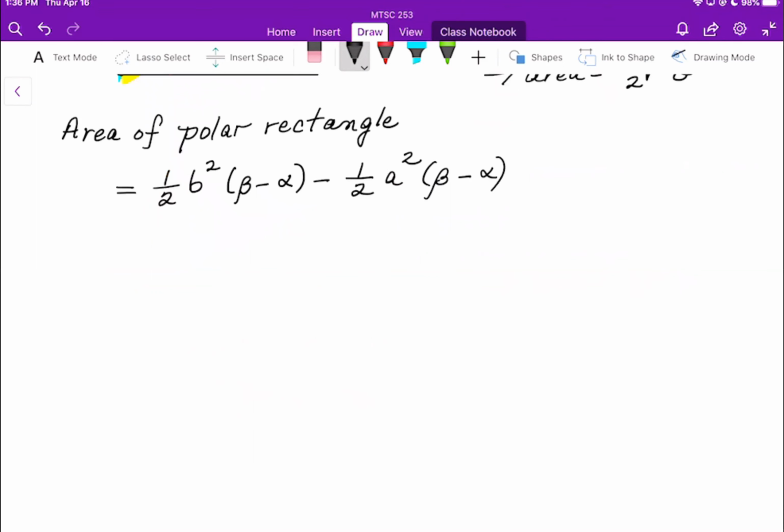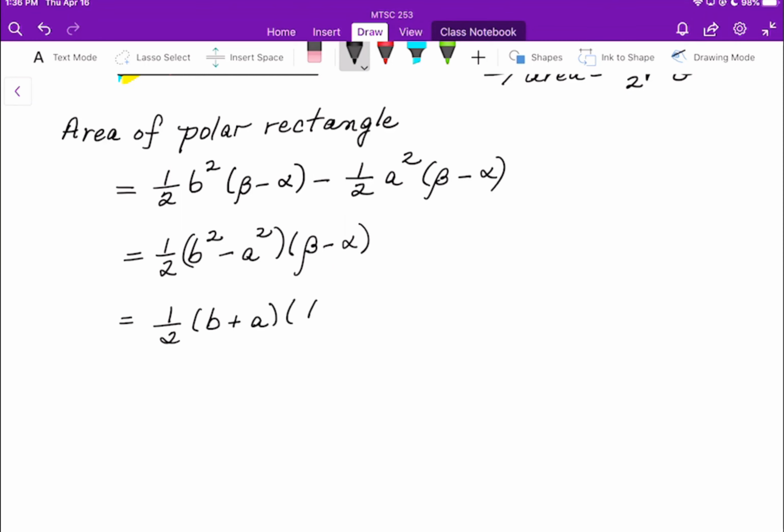So this is going to be 1/2 times B squared minus A squared times beta minus alpha. So that turns out to be 1/2 times B plus A, times B minus A, times beta minus alpha.